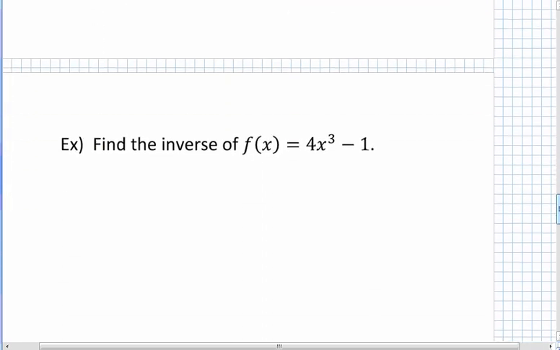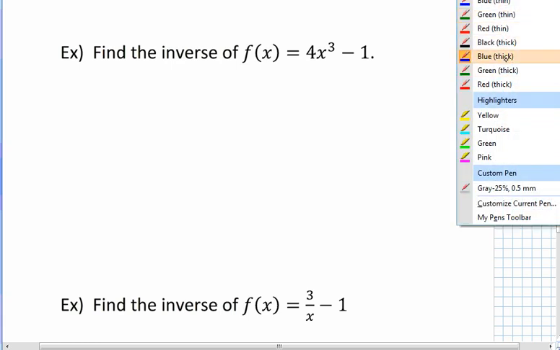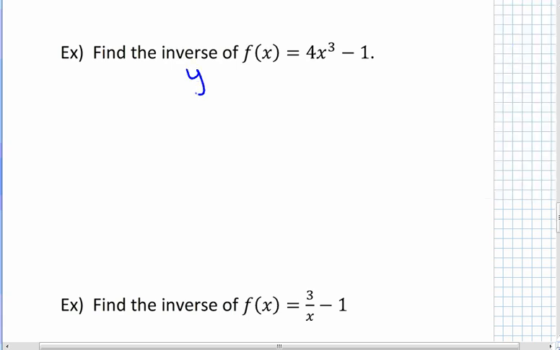So let's do that again. This time we'll find the inverse of 4x to the third minus 1. So remember, step 1 is to replace the f of x with y. Step 2 is to interchange. So you have x equals 4y to the third minus 1. Step 3 is to solve for y. So we add 1.